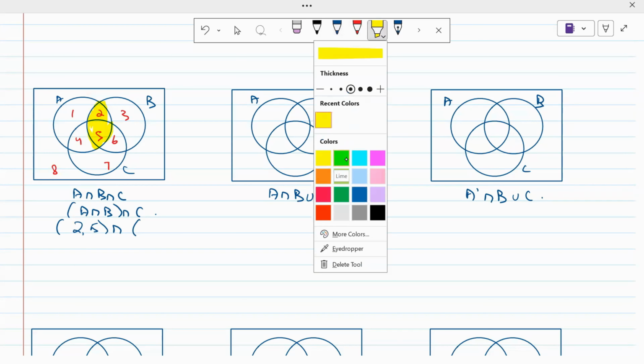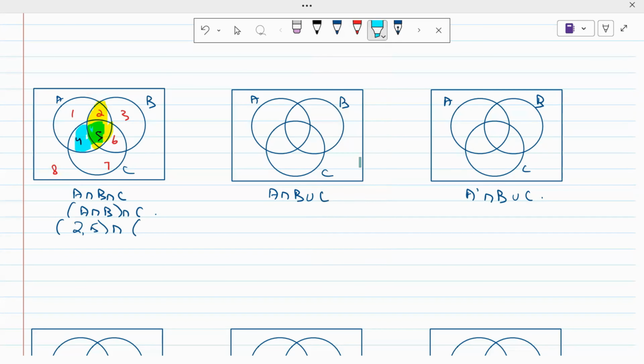For C we have 4, 5, 6, and 7. This is all there in C. So 4, 5, and 7. Finally, the common region to be shaded is region 5. It's 5 only to be shaded. So 5 to be shaded means this is the final answer.